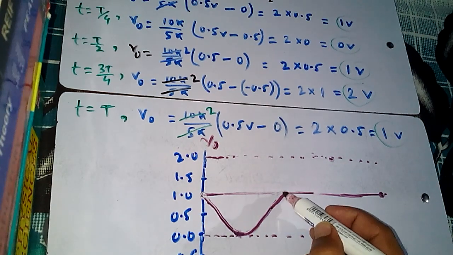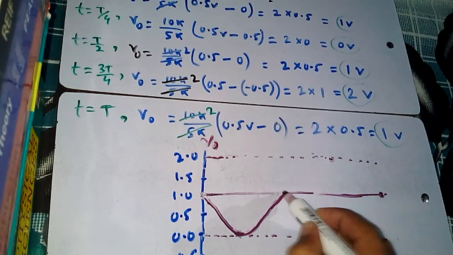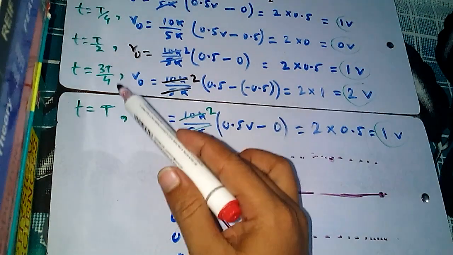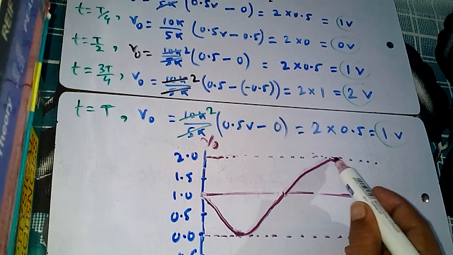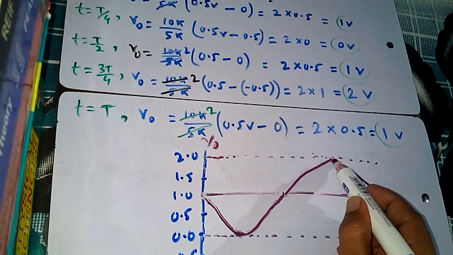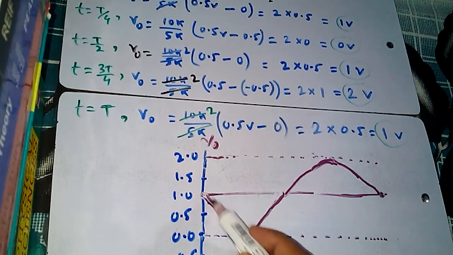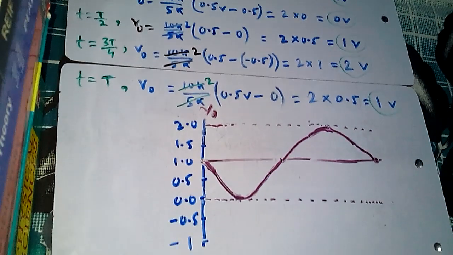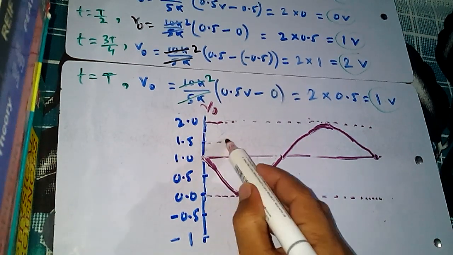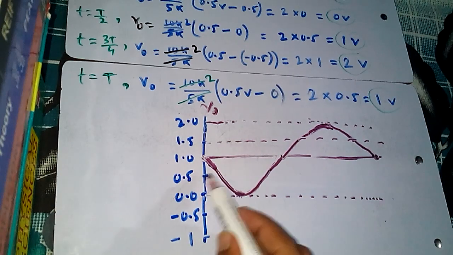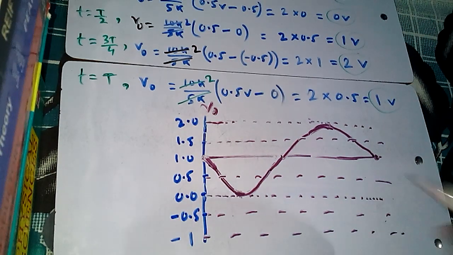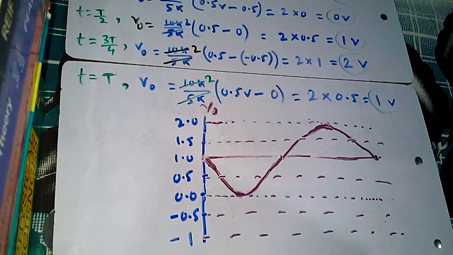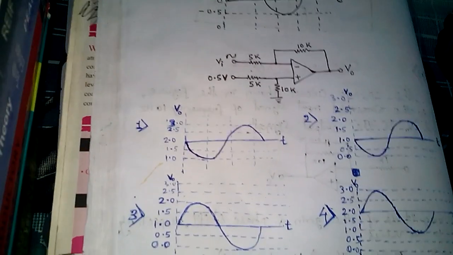Then at T by 2 it is 1 volt, and then at 3T by 4 it is 2 volt, and it goes like this, and then it goes like this. Okay, so finally we have our graph. Now we can give references of 1.5 volt also, it just doesn't matter. For 0.5 volt they are useless. So this is the graph we have.